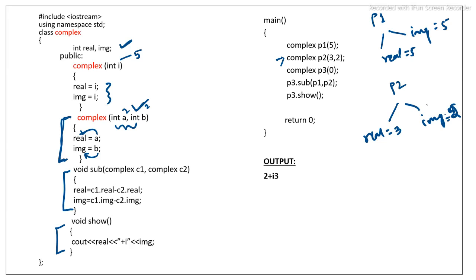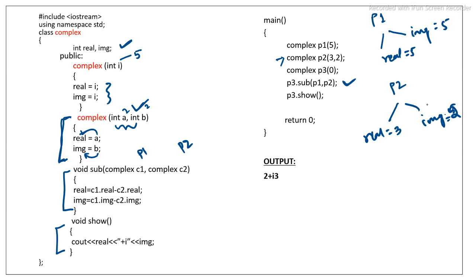The P3 dot sub function is called, and inside the sub function two objects, P1 and P2, are passed. So the sub function will accept P1 and P2 as class type arguments. The complex objects C1 and C2 will accept a copy of P1 and P2. All the details of P1 and P2 are passed here. So the real and imaginary values we will calculate by subtraction, real to real and imaginary to imaginary.